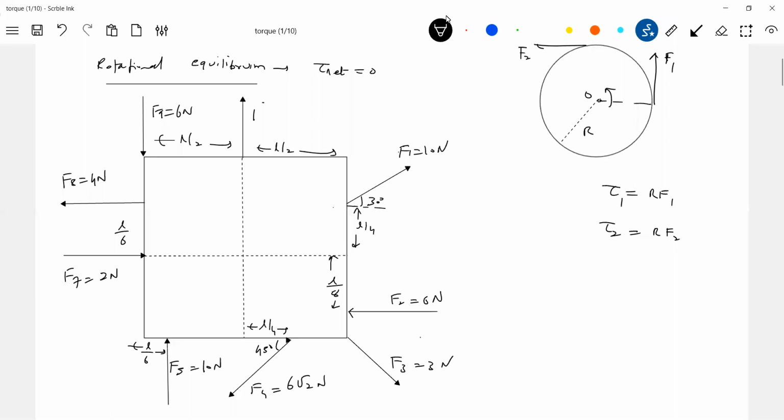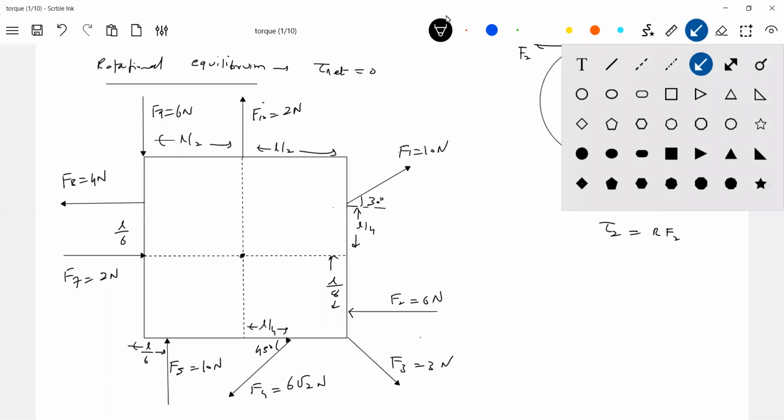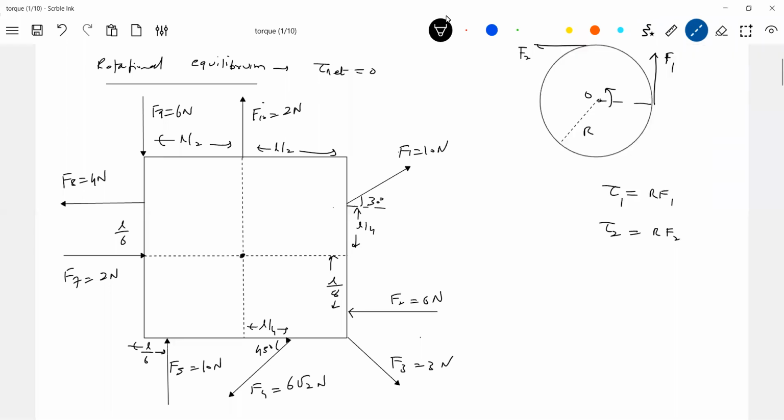F9 6 Newton. F10 2 Newton. Okay, these are all the forces acting. I just want to talk about an axis passing through point O perpendicular to the plane. This rigid body lies in the XY plane. And this is one very simple best problem. Sir, there is no F6, sir. Okay, I'll bring one more, F6. F6 is missing.